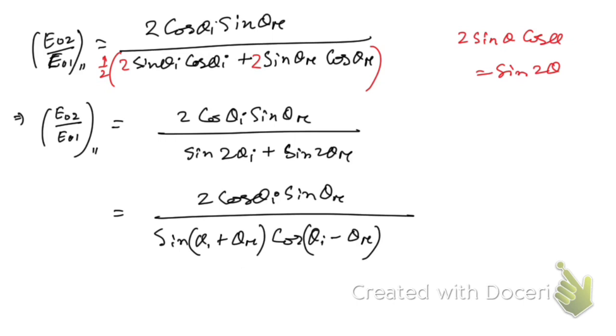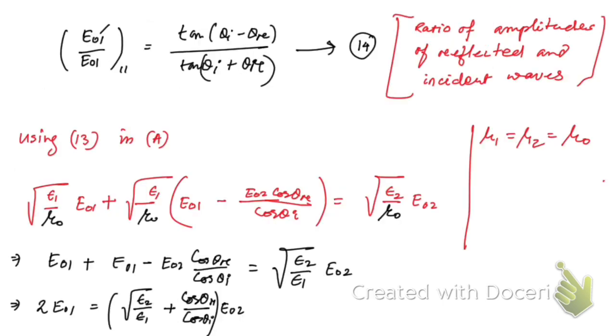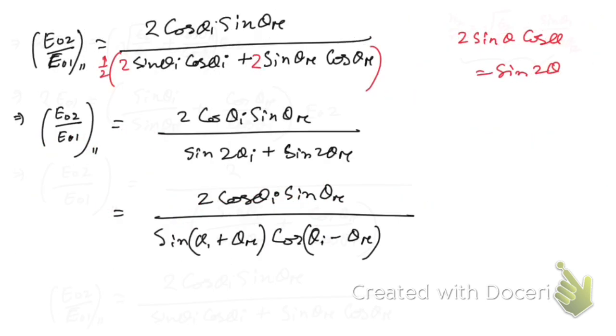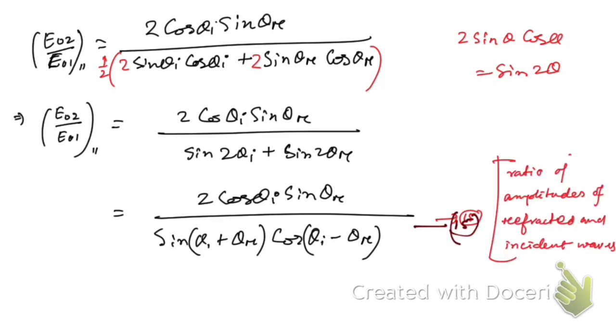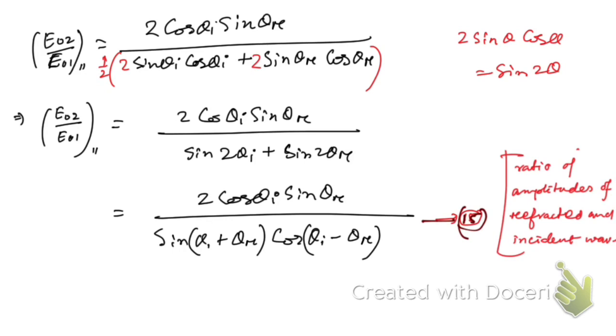The last equation we have taken was 14, so let me say this is equation number 15. Okay, this is the ratio of amplitudes of refracted and incident waves, E02 and E01.